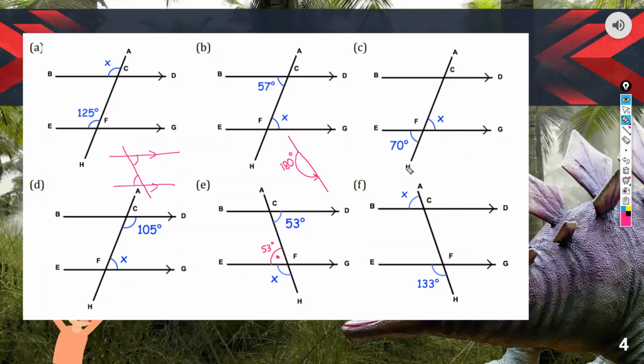So that means if I have a straight line, look at it from A to H. That means this entire angle here is supposed to be 180. So if here's 53, then this angle is how much? 180 minus 53, which I think is how much? 127 degrees.